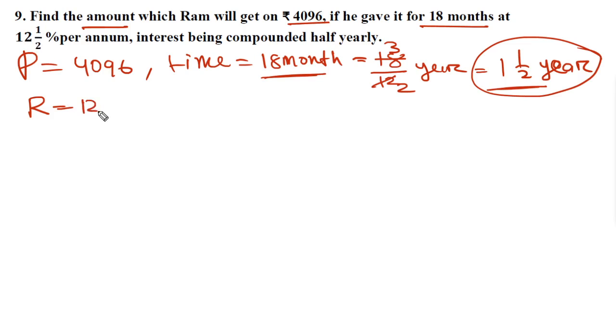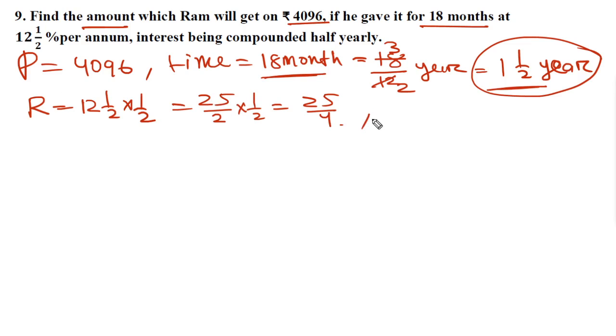So 12 whole 1 by 2 into 1 by 2, as rate of interest will be half in half yearly. So you can write it as 25 by 2 into 1 by 2, which will be equal to 25 by 4. So we got the principal, we got time here.